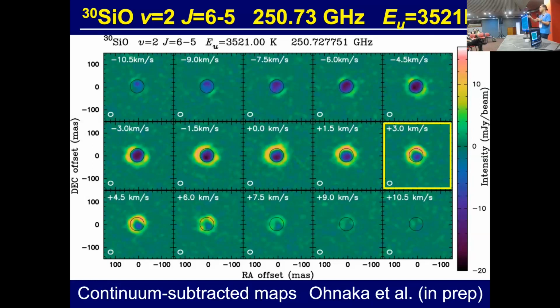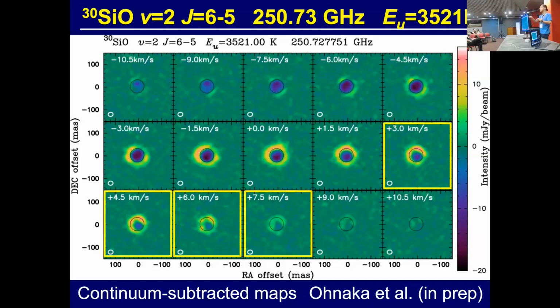Here, for example, the emission starts to go inside the stellar disk. And then we continue like this. So at these redshifted velocities, you can see the emission over the stellar disk. And remember, these are continuum subtracted maps. So this means we see emission in front of the star instead of absorption.